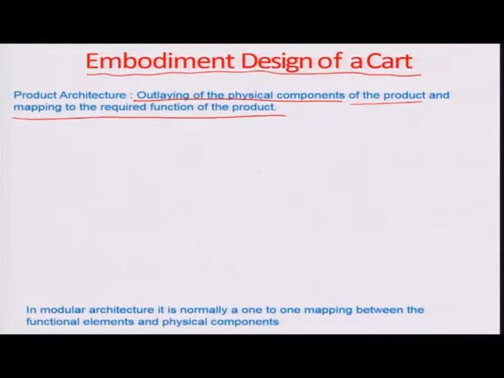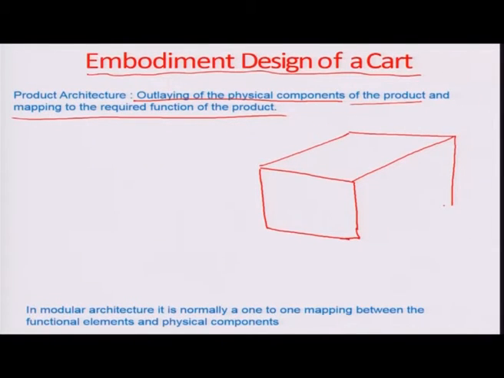So, let us say if we wanted to draw such a cart, it looks somewhat like this, where there is a component which is some kind of a box, typically used for protecting the cargo, particularly from weather, let us say the rainy season etcetera. Cargo should not get wet. So, there is a box.